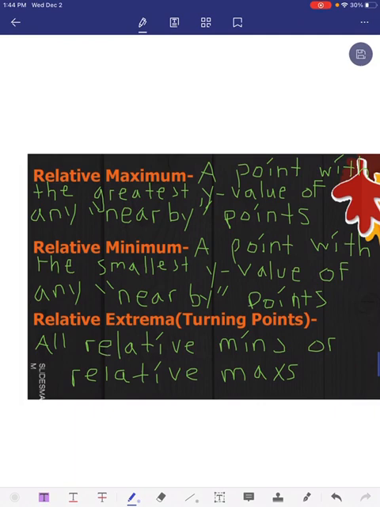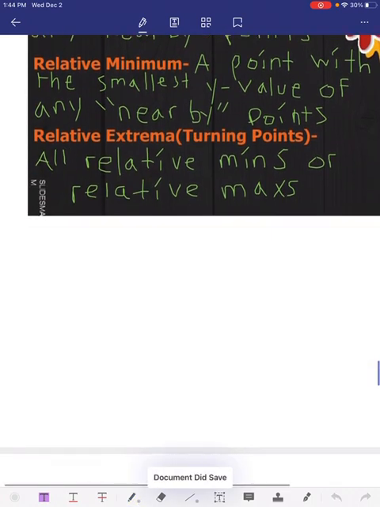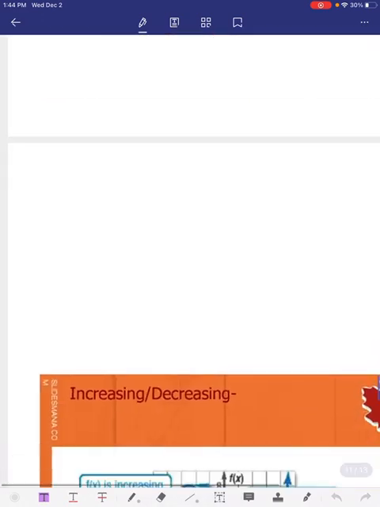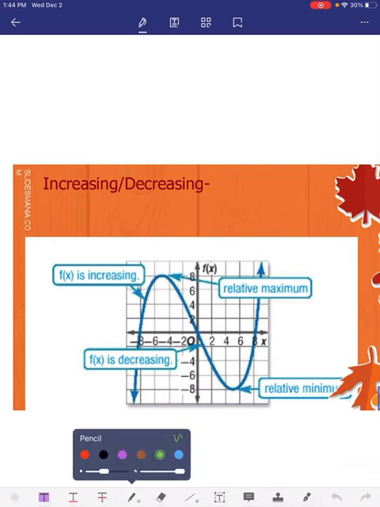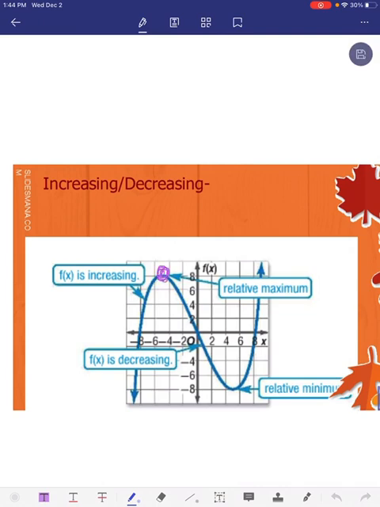So when we look at an example of these, it might make a little bit more sense what I mean by relative or nearby, if we think about it in terms of my graph turning directions. So let's look at an example. Notice on our first spot, I have a relative maximum. So let's use purple. This right here is going to be a relative maximum.